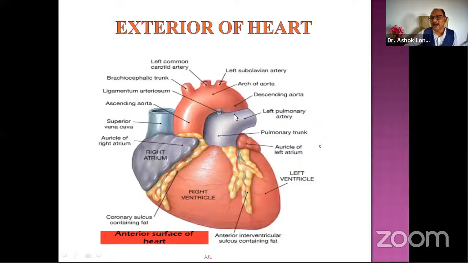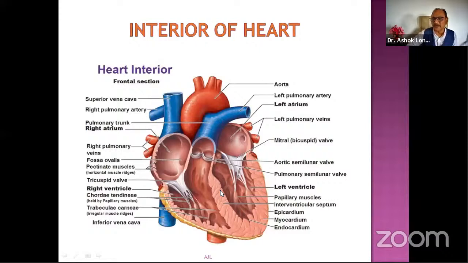I am supposed to talk about these vessels and the chambers of the heart. This is important because every structure we can see here on the screen, like the right atrium, right ventricle, left atrium, left ventricle, tricuspid valve, bicuspid valve, pulmonary valve, and just behind, the aortic semilunar valves.